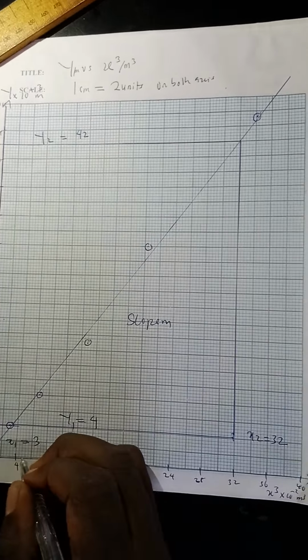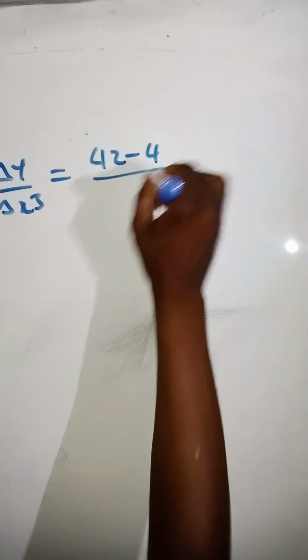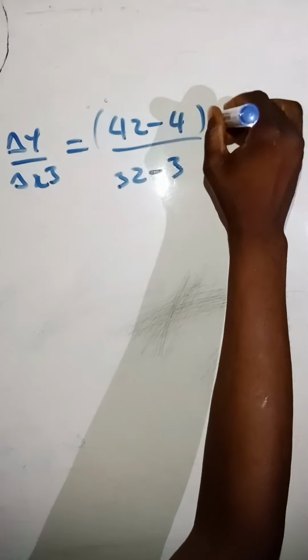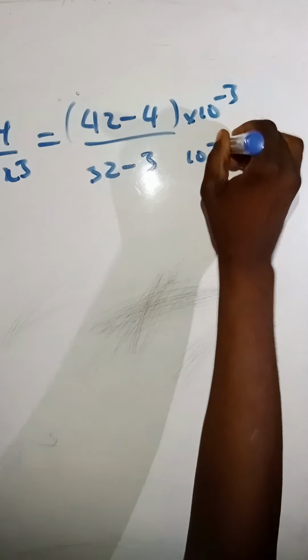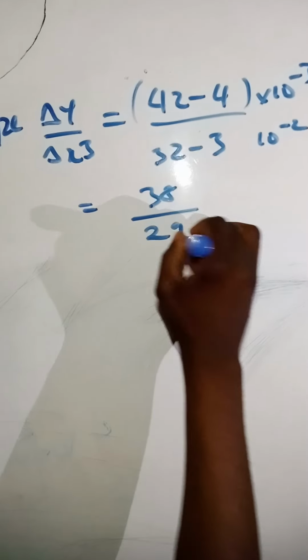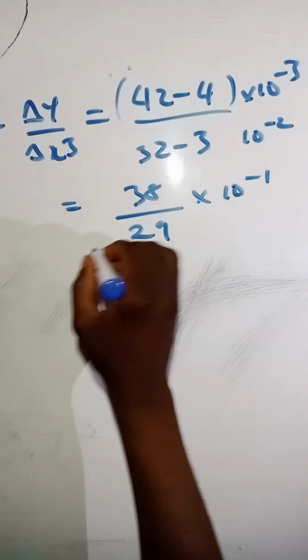We can see here that our slope, change in y over change in x cubed, is given by 42 minus 4 all over 32 minus 3. This one, 10 raised to power minus 3, over 10 raised to power minus 2. We have here 38 all over 29. This one here times 10 raised to power minus 1.